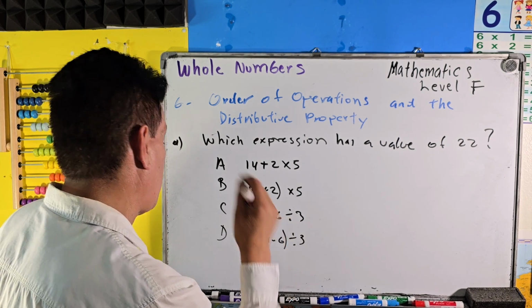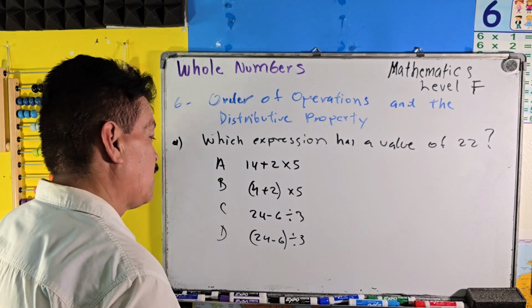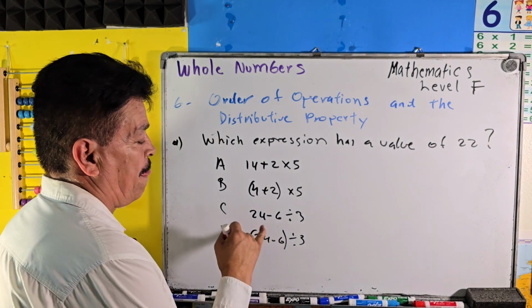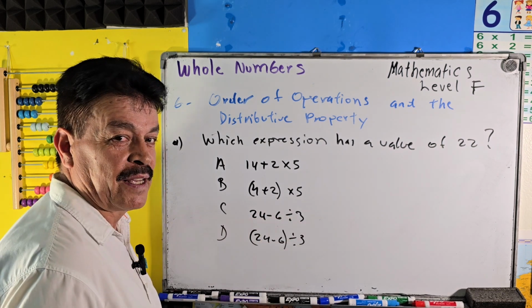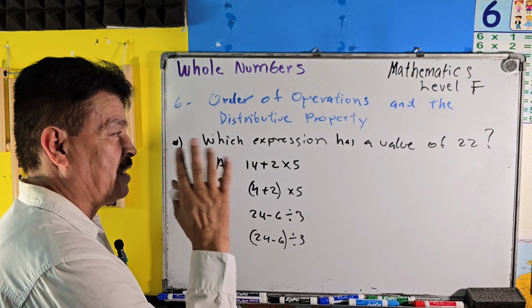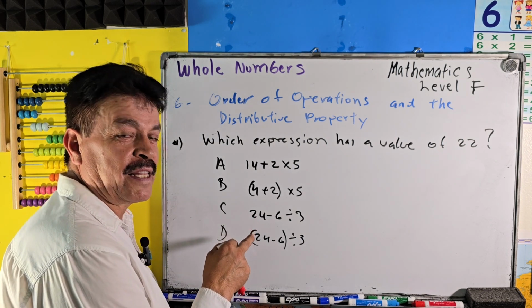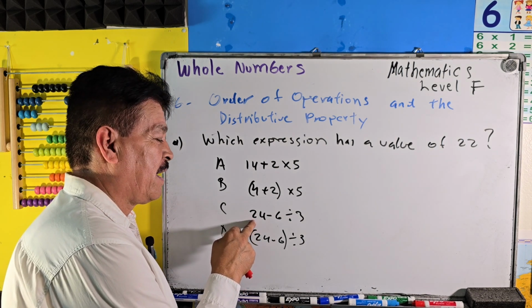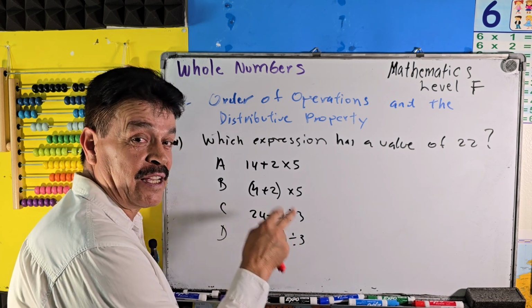So, oh no, it's not like this. Remember, here it is 6 divided by 3. Remember the rules. I almost made a mistake. If you subtract 24 minus 6 and then divide, you are wrong.